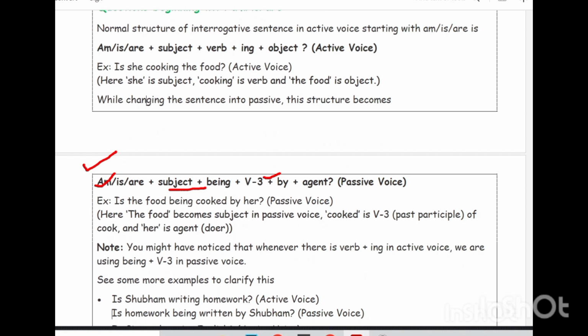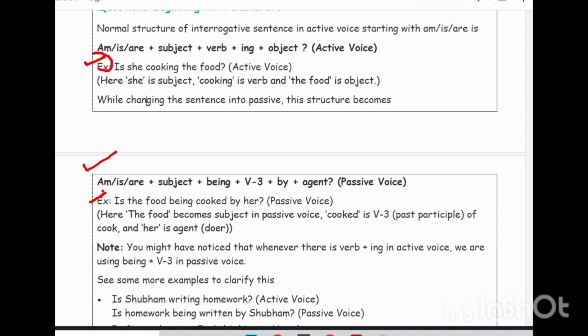Agent here means the subject; the subject goes as object there. That's why this is called agent here. For example, is the food being cooked by her? Now this is the passive voice of the sentence that was here.